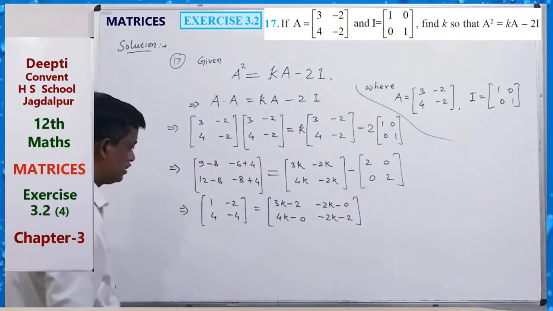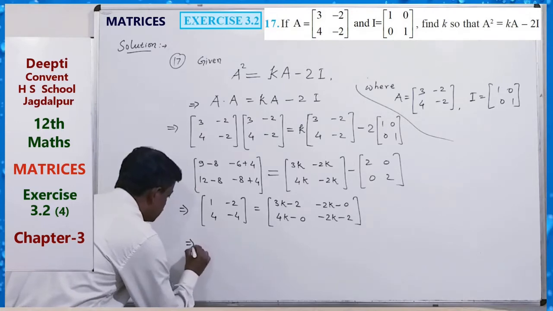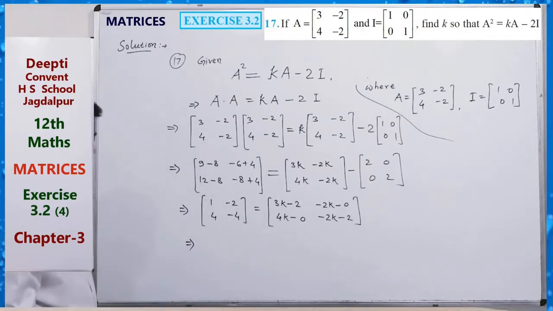Comparing on both sides, both matrices are equal, so corresponding elements are equal.